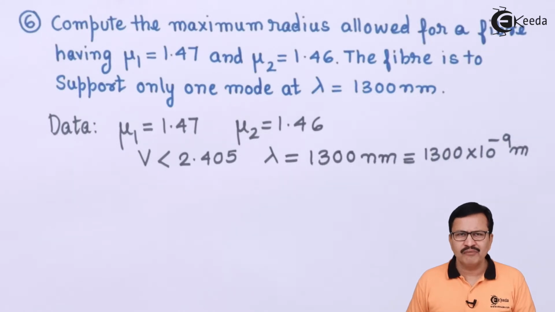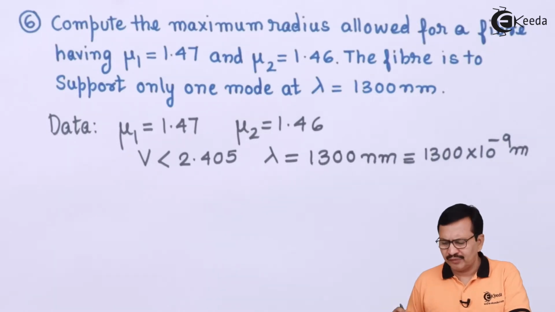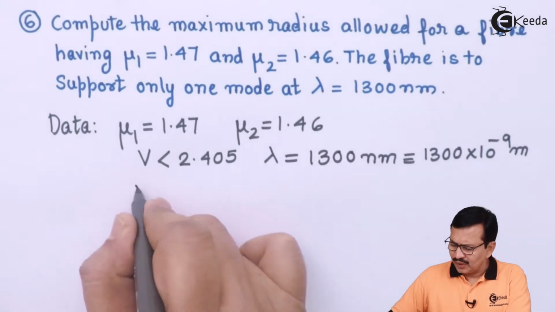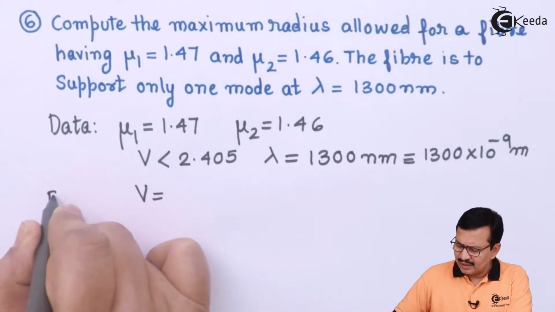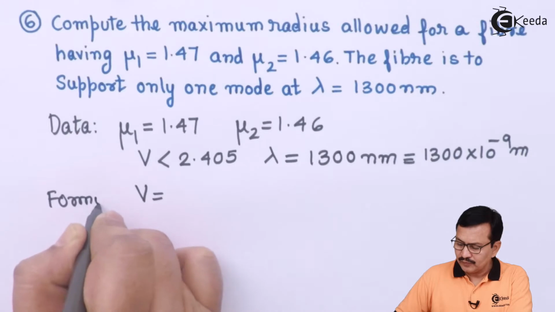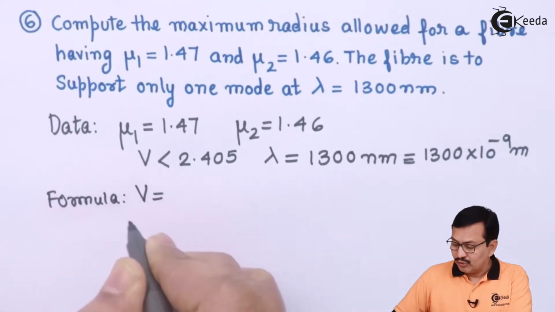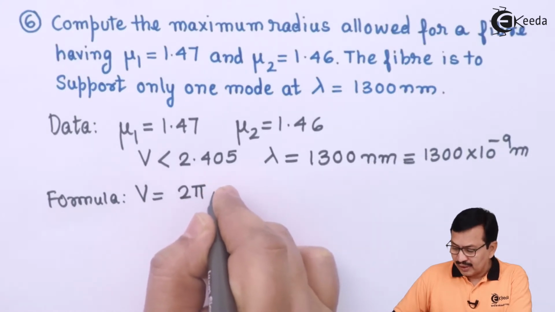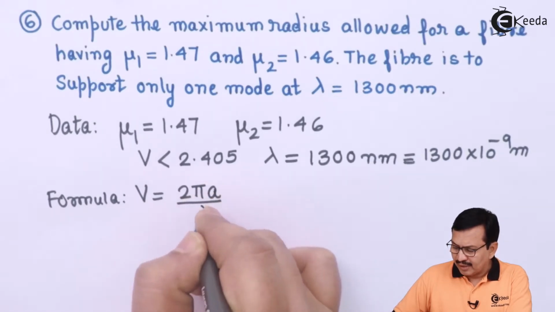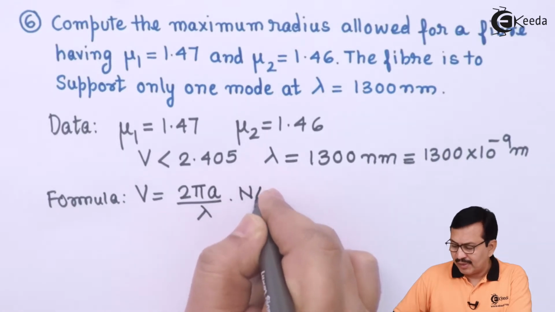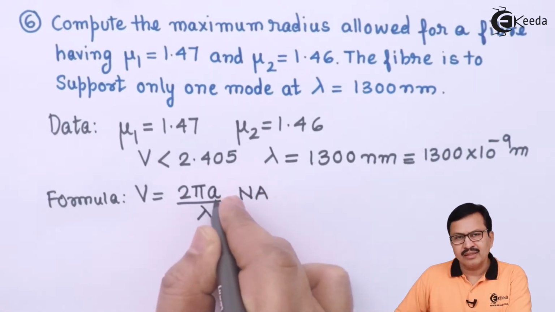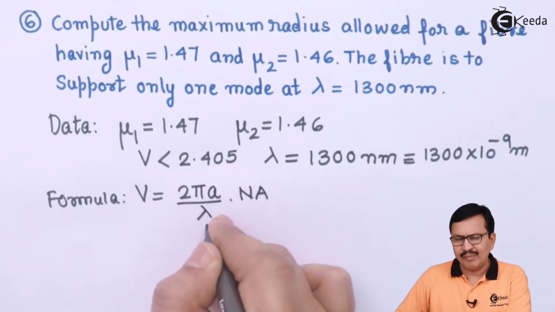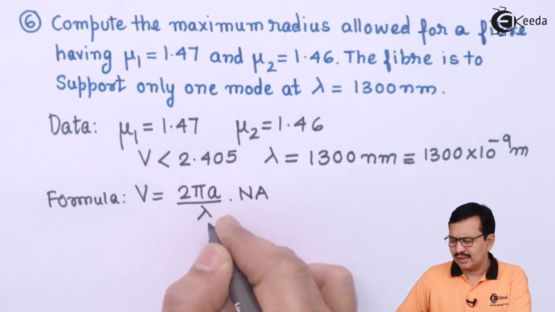Now what is the formula for the V factor? The formula is V equal to 2 pi into A divided by lambda into the numerical aperture, wherein A is nothing but the radius of the optical fiber that we are considering, and lambda is the wavelength of the signal.